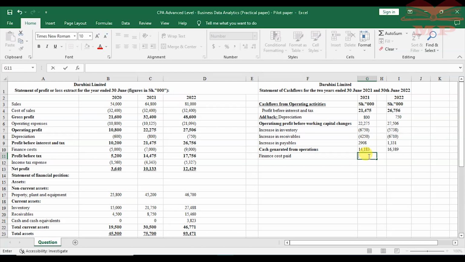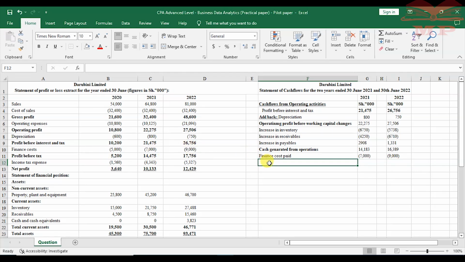The finance cost paid is 7,000 here, so you can just say equal sign 7,000. The other side equal sign 9,000. So that is finance cost paid.